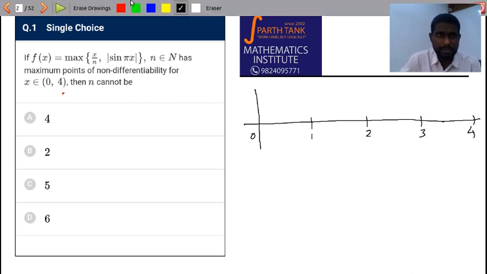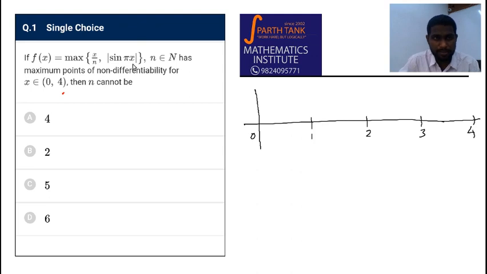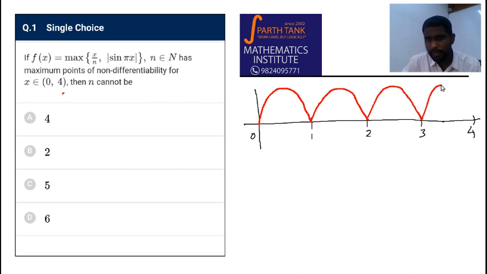Now sine of pi x, when it becomes 1 it is sine pi, 0.5 it is sine pi by 2, so it is basically a sine curve with a period pi. Since it is mod of sine x, it won't go down but will continue the same way in each area, right? It is like rectified alternating current, right? This becomes direct current. Okay.